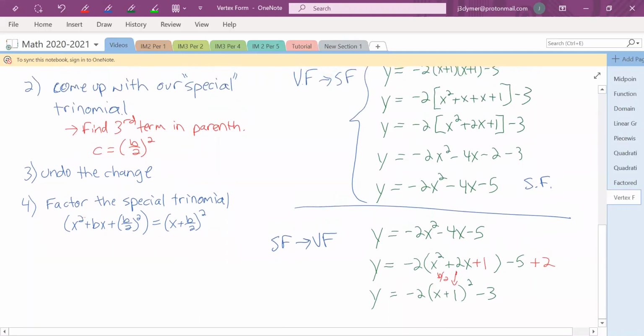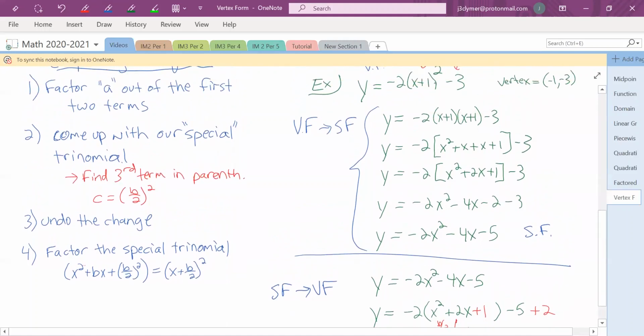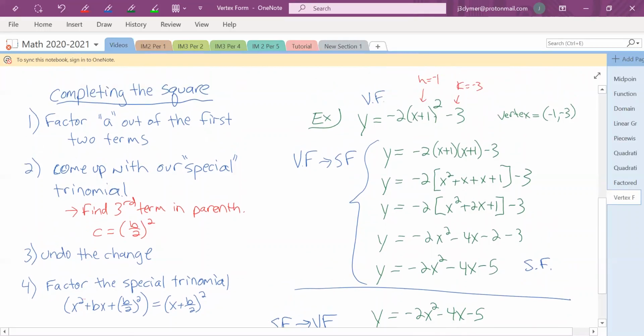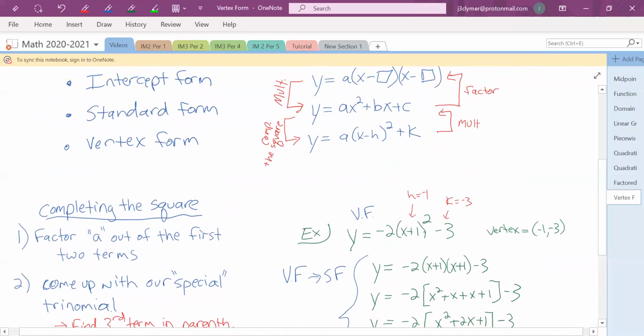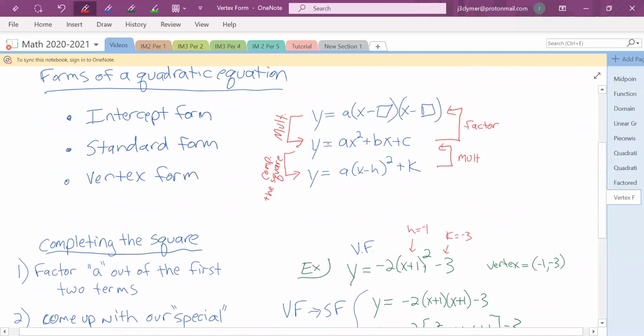So that's it. So here are your steps, 1, 2, 3, 4, on how you complete the square. And completing the square is the key to getting from standard form to vertex form.